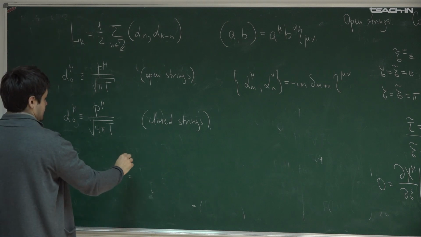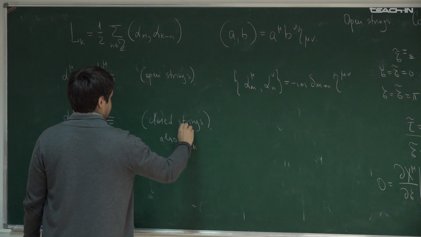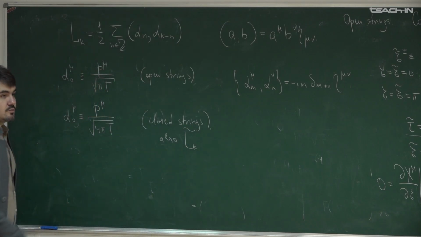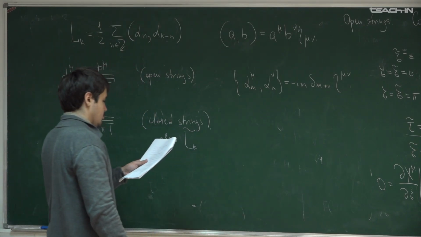In the closed string case, here one also has L_k tilde, which has the same expression in terms of alpha tilde. And then the alpha tilde have the same Poisson brackets.